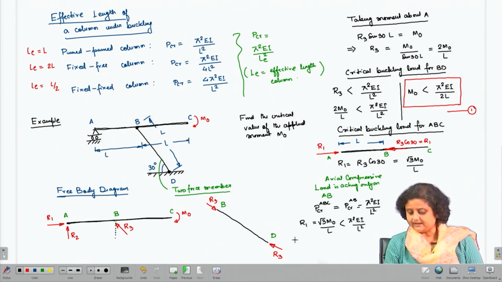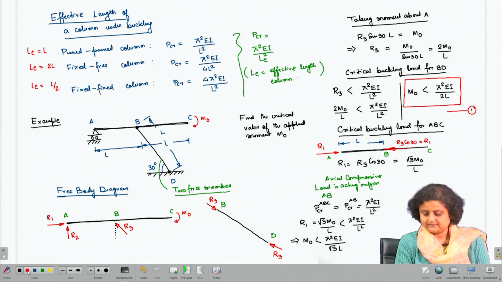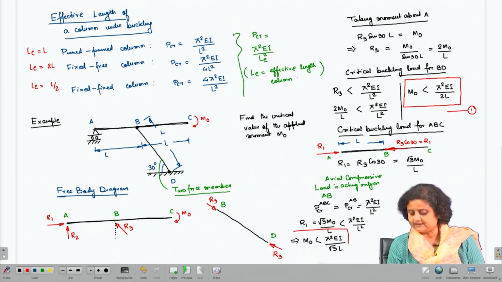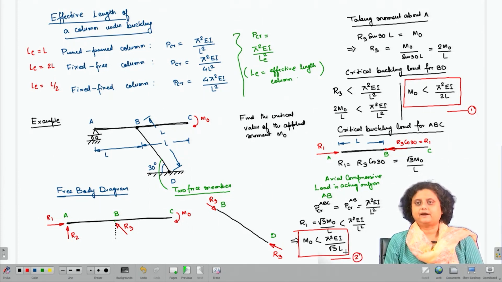From this we get that m0 has to be less than pi square EI by root 3 L. So, this is the second criteria that we are going to get.